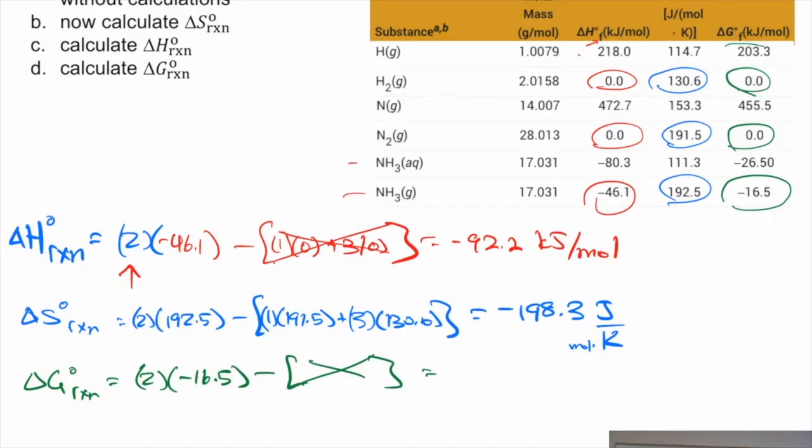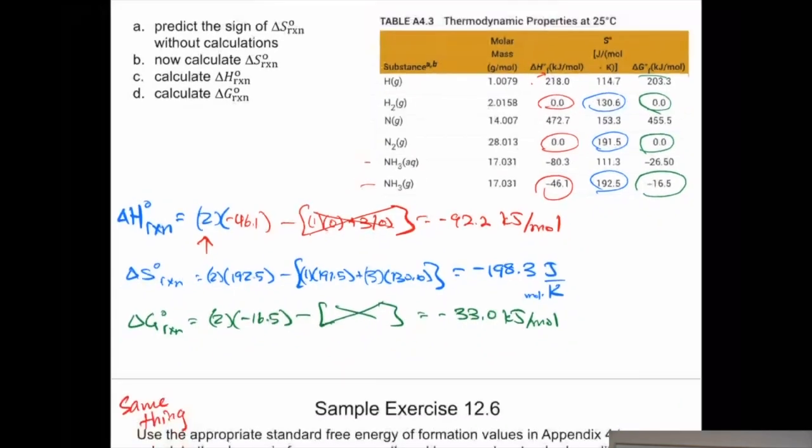So that's going to be equal to negative, what is that, 33.0, that's kilojoules per mole. And that's all that this question is really designed to do, to have you practice doing that calculation.